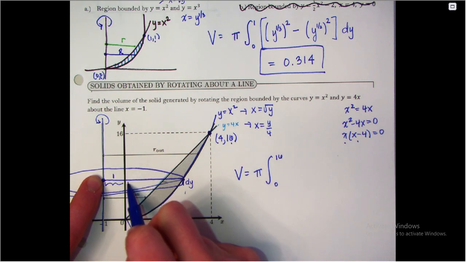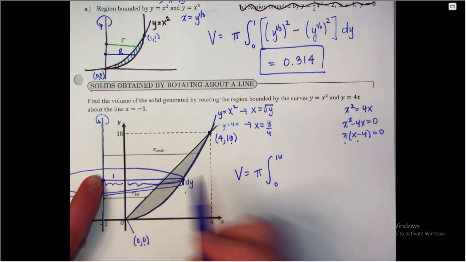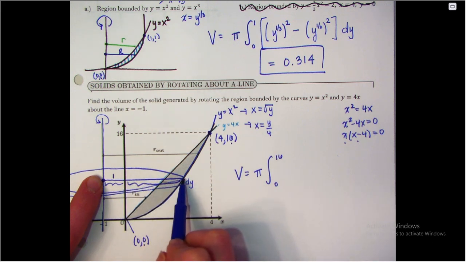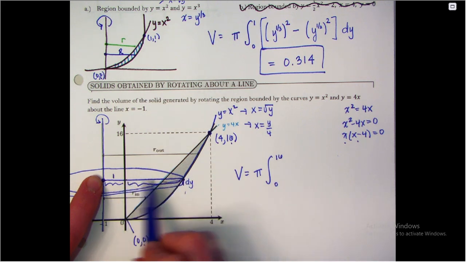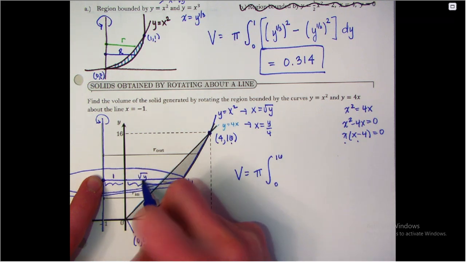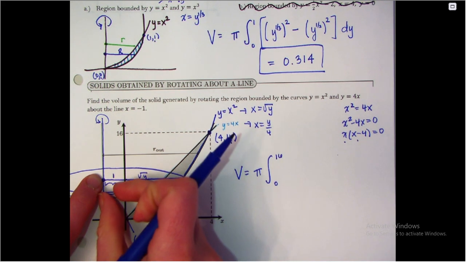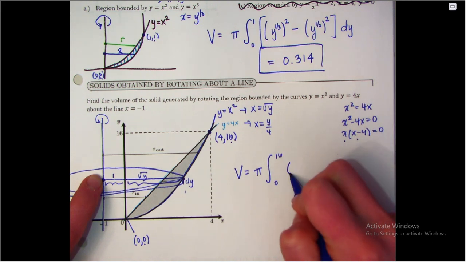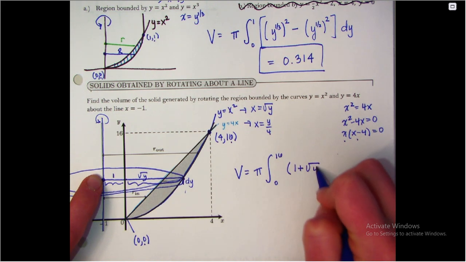And then if I wanted to consider all the open space plus all the way through the region, that means that I'm going from the axis to the quadratic. So that would be my square root y. It should be larger than that. I'm adding 1 unit. So the capital R is 1 plus the square root of y.